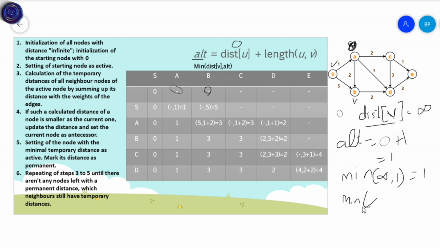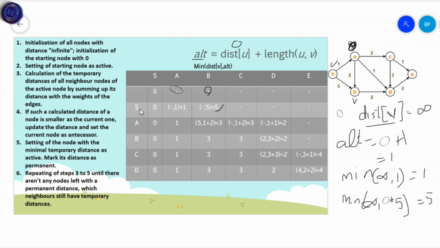Okay, infinite comma what is distance of u? The distance of the source vertex is 0 plus what is distance between S and B, which is 5. So the minimum of infinite comma 5 is 5. So I put the value as 5 in this box.